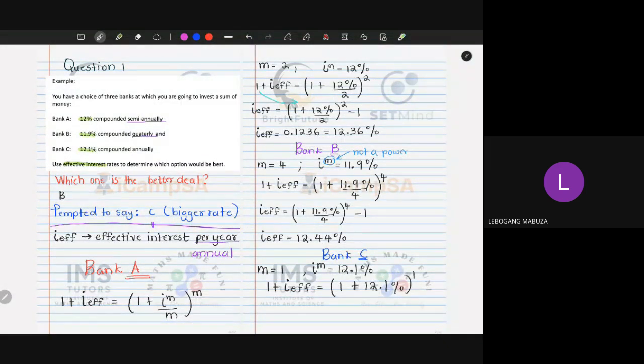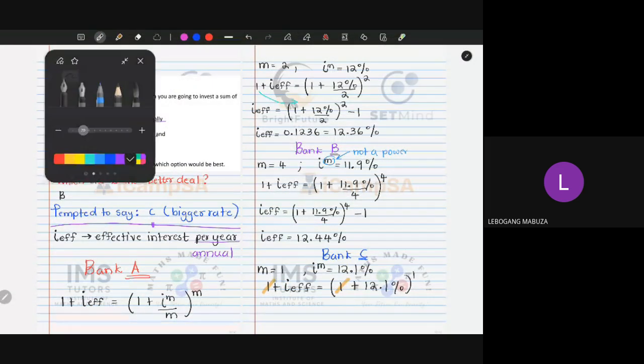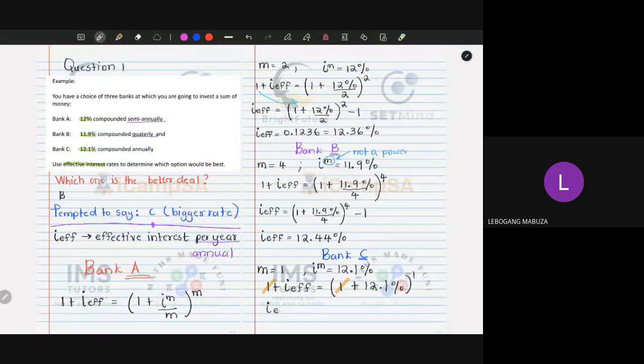So all I need to do is to transpose the 1, and then that 1 will actually cancel with this 1. So my effective interest rate, i_eff, for Bank C will be 12.1%. So the effective interest rate allows us to compare things that were in different periods at the same level, guys. That is what it allows us to do. So now that we have done this, which one of these is the better deal here, guys?